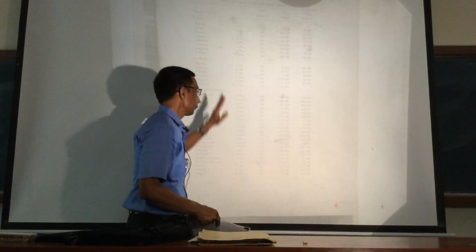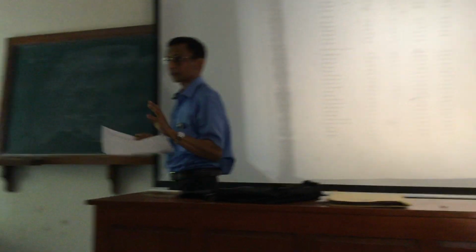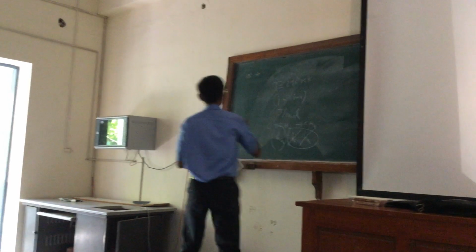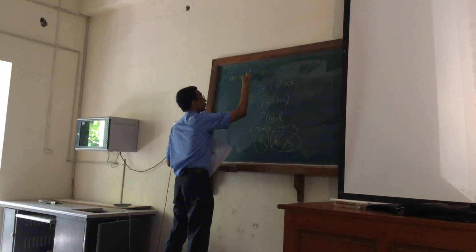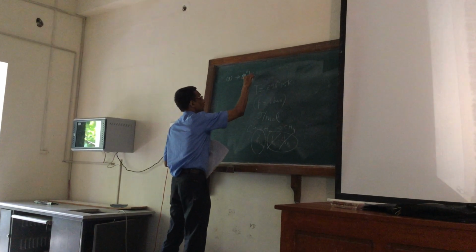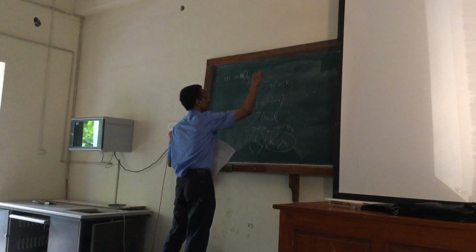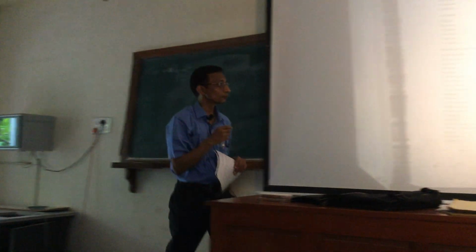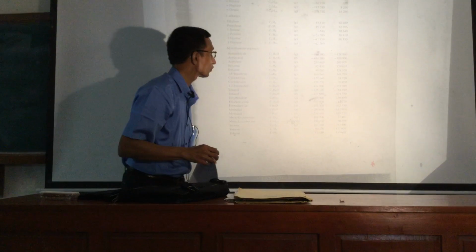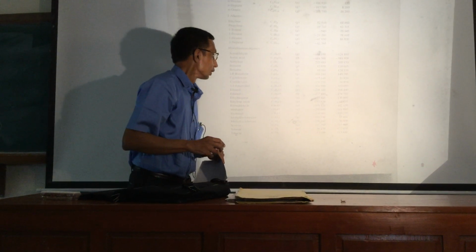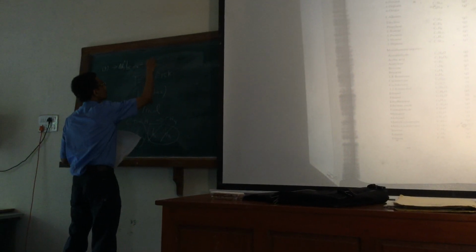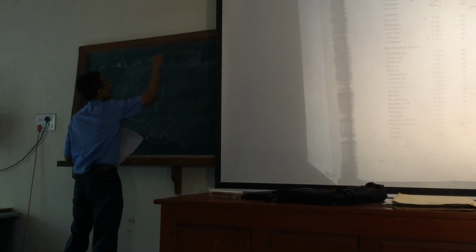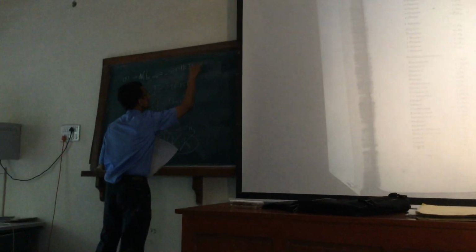So for all practical purposes, this is in joule per mole, so convert it to kilojoule per mole. What is delta Hf naught at 298.15 Kelvin? Effectively it means this is minus 235.1 kilojoule per mole.